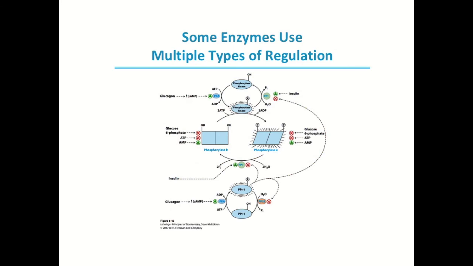Now, some enzymes use multiple types of regulation. The activity of glycogen phosphorylase, which I was talking about, which is used in muscle, is subjected to a multi-level system of regulation shown here. So this part indicates what I had on a previous slide, where you can add phosphoryl groups or remove them to alternate between the active and less active forms of glycogen phosphorylase.